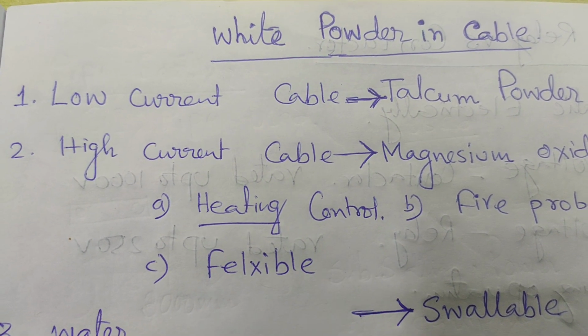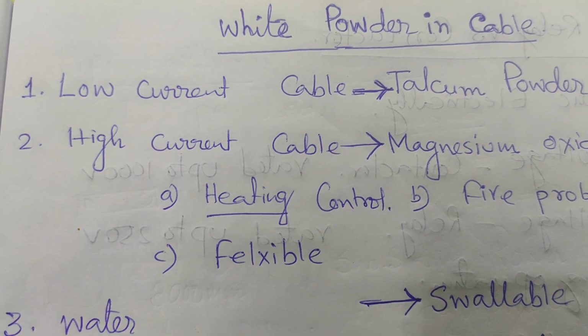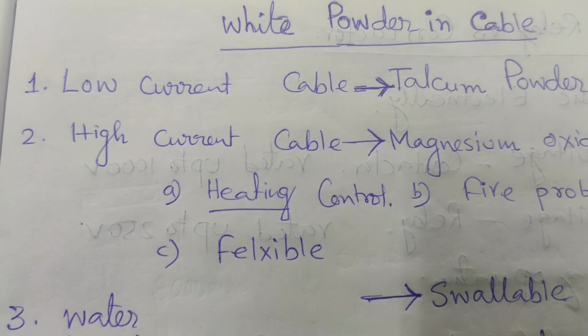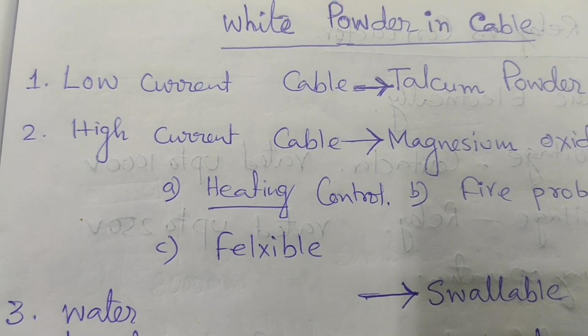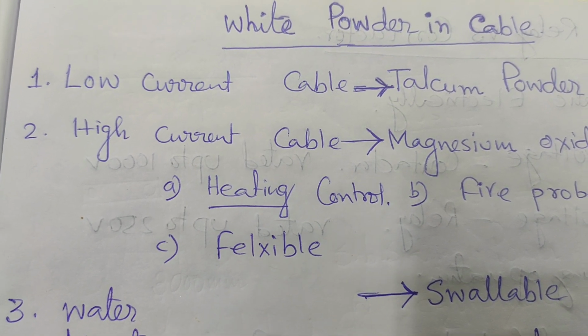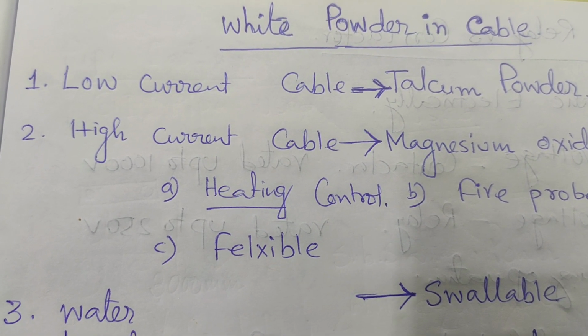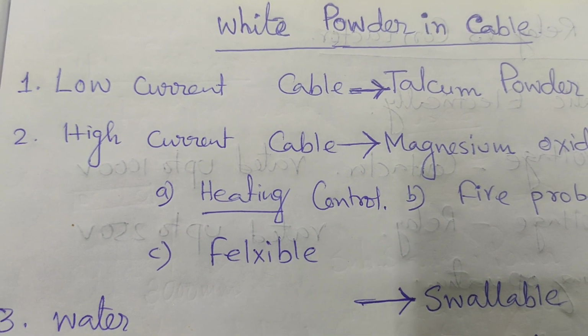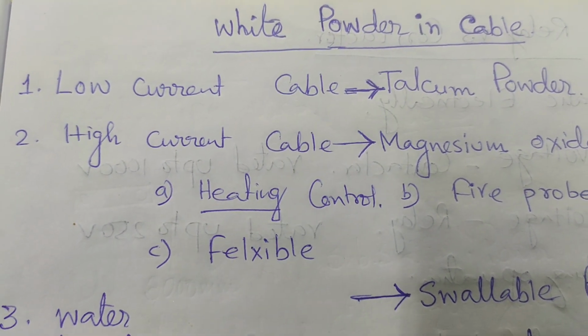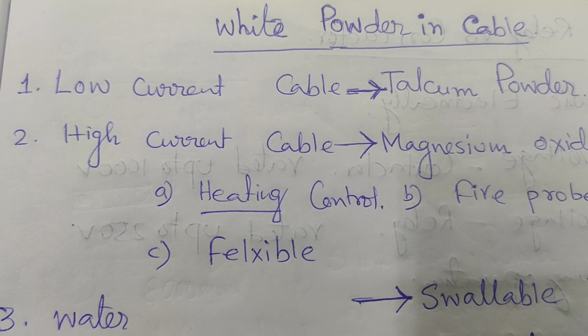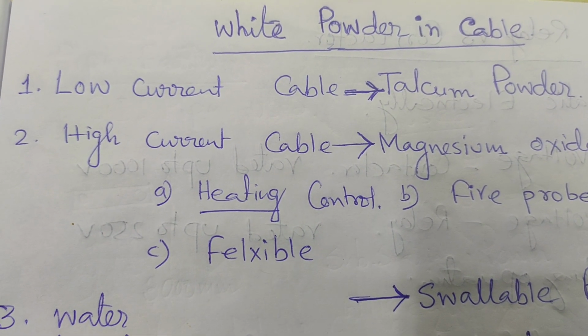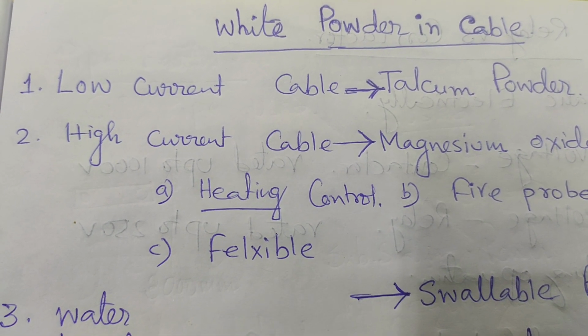So what is the reason why this powder has been used in between the layers of the cables? The current is flowing through the conductors of the cables, but the cable has a layer. What is the layer? The upper layer.